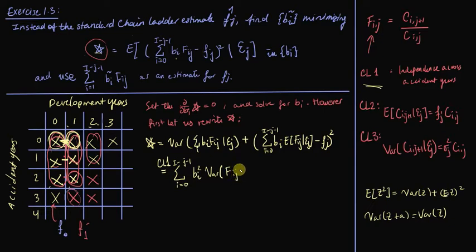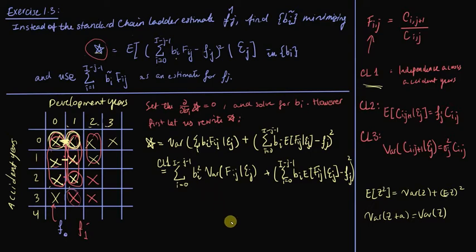And then what we have inside here is just the variance of fj given epsilon j plus an expression involving the conditional expectation of fij, the development ratio, given the information up until development year j.